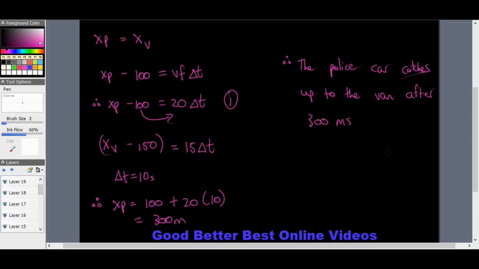Okay, after 300 meters. So that's probably going to take another 10 seconds, so that's probably going to be after 20 seconds. Okay, after 300 meters, after 20 seconds.